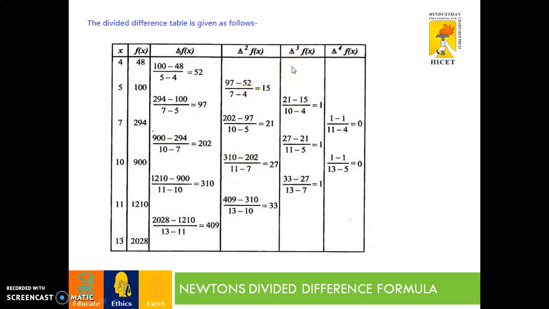Then del cube, the third divided difference value, that is f of x naught, x1, x2, x3. Then till you get the constant value, you have to continue this table. So when del power 4, the fourth divided difference value, becomes 0, we can stop the table.